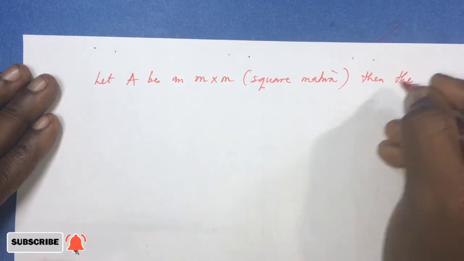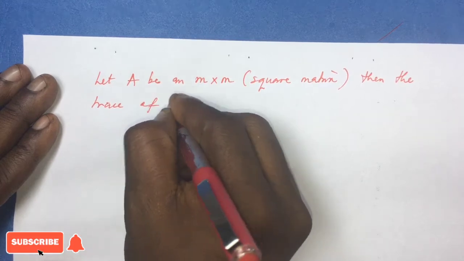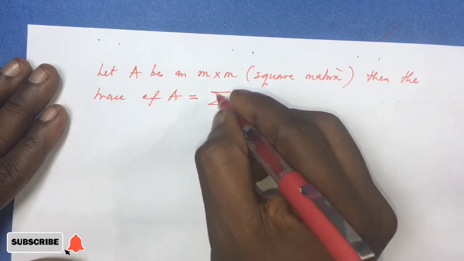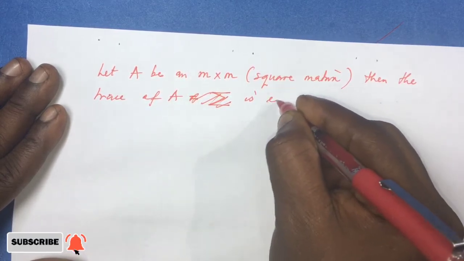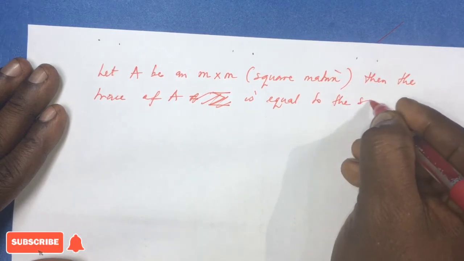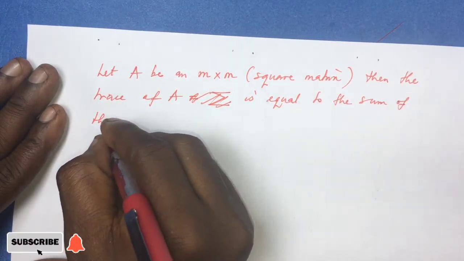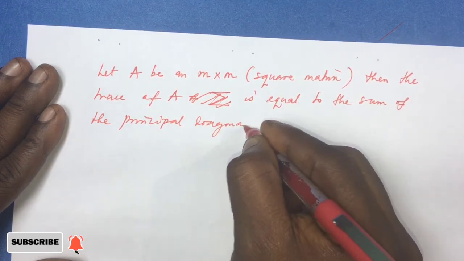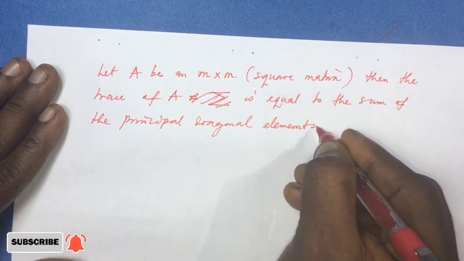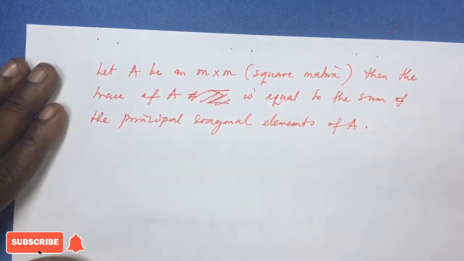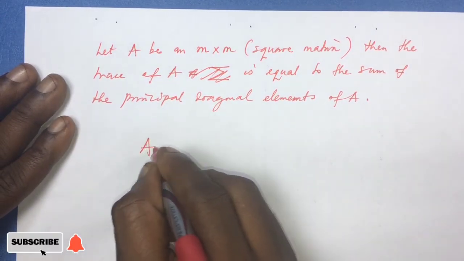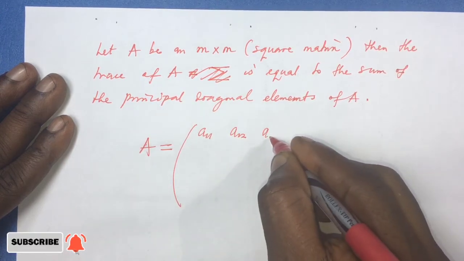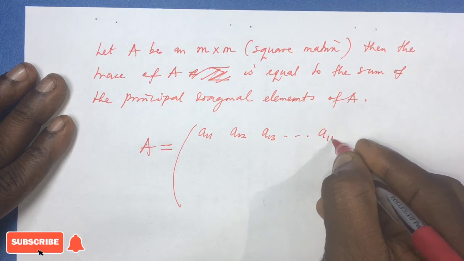Then the trace of A is equal to the sum of the principal diagonal elements of A. Okay, and this means that if we write A, the M by M matrix, to be A11, A12, A13 up to A1M.